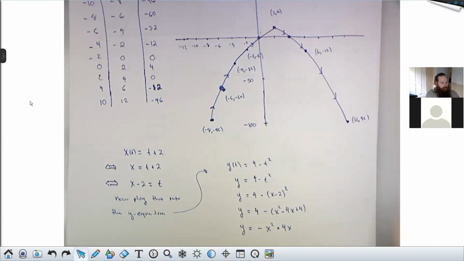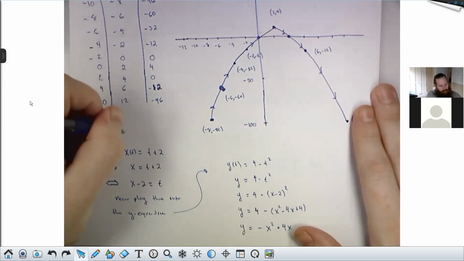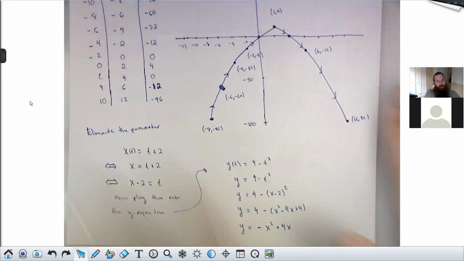Let's try doing one of these eliminate the parameter moves where we haven't drawn the graph first. So last call for questions on what we've done eliminating this parameter t.